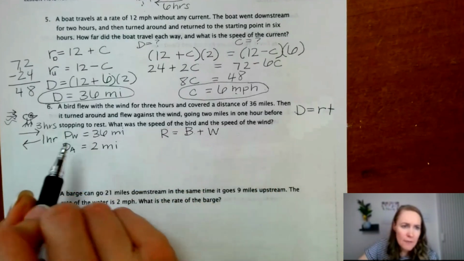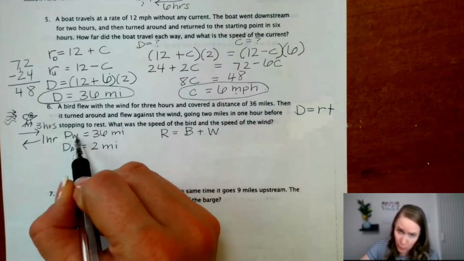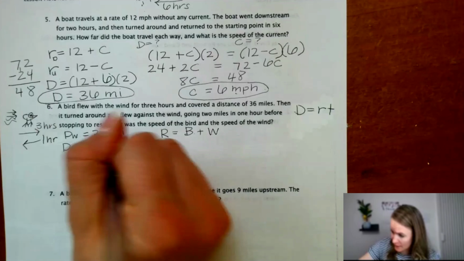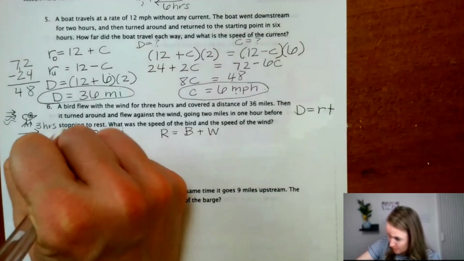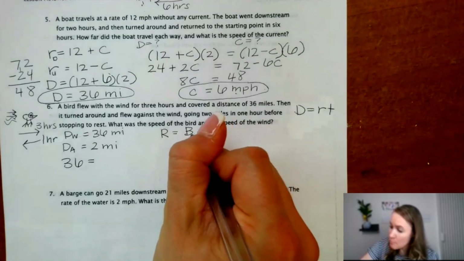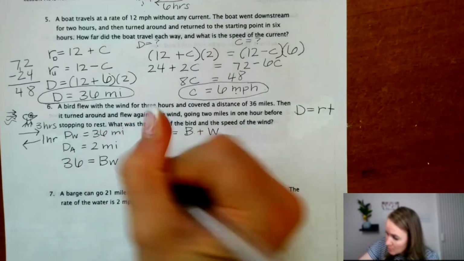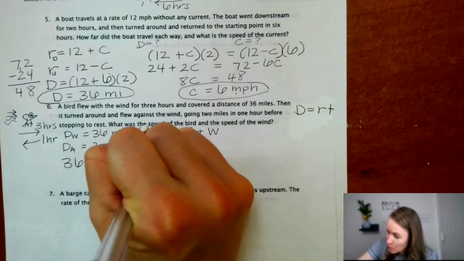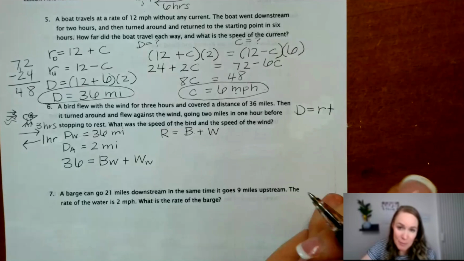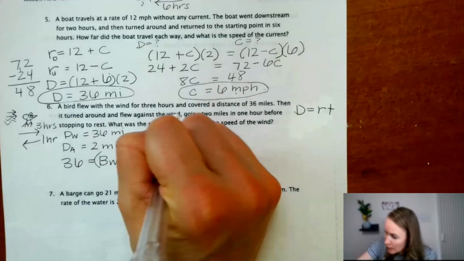The first distance equation is with the wind. So the distance with the wind is 36 equals rate, which we know is B plus W, the bird speed plus the wind speed, multiplied by the time, which is 3 hours.